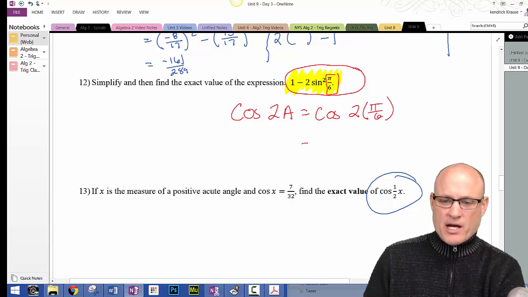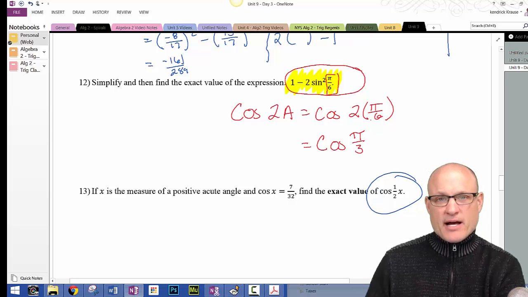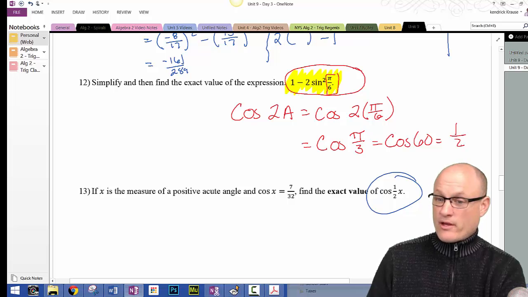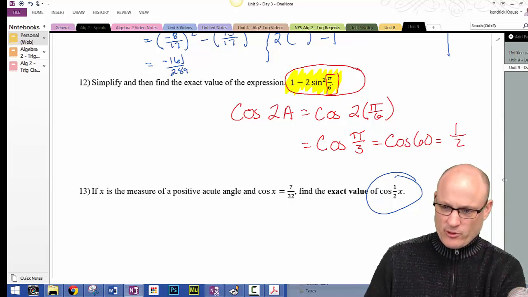Well, 2 times pi over 6 is 2 pi over 6, which is pi over 3. And everybody knows that pi over 3 is really just 60 degrees. So this is equal to the cosine of 60 degrees, which is just 1/2. All that for a half. Last problem, 24.